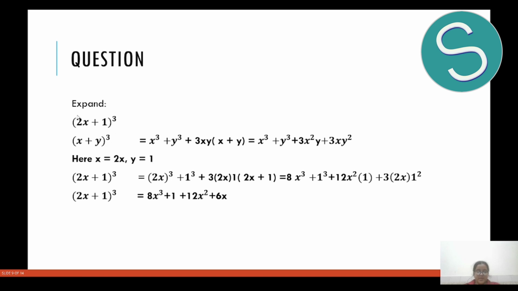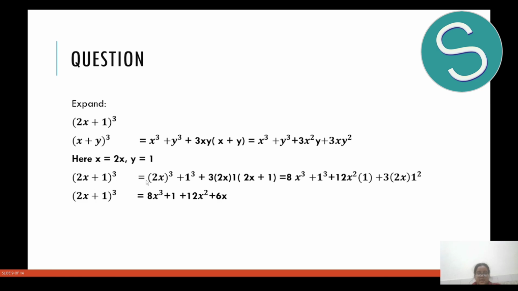We can expand (2x plus 1) whole cube by using the formula (x plus y) whole cube, that is x cube plus y cube plus 3xy into (x plus y), which equals x cube plus y cube plus 3x square y plus 3xy square. So here x equals 2x and y equals 1.